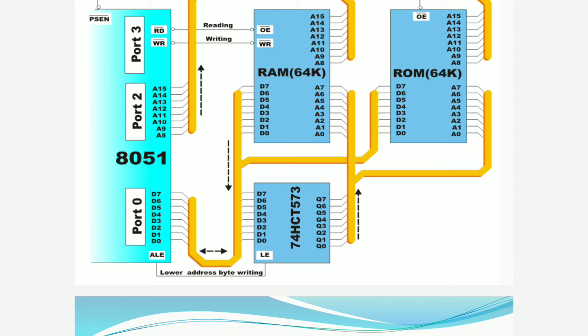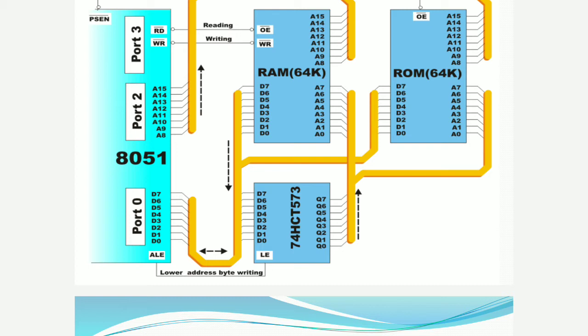So in this case, whenever we are connecting or interfacing external components like memories or a latch IC with the 8051, each component has its own output enable pin. So here you see that in case of RAM and ROM, OE bar signals are there. OE is nothing but your output enable pin.